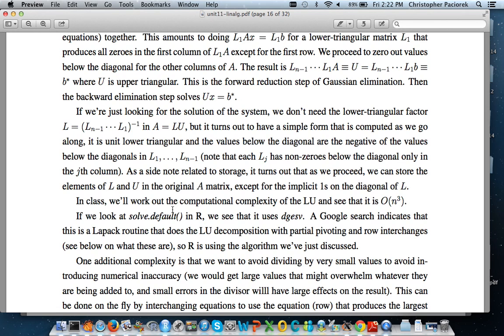Right, so as long as we're representing it with floating point, we were fine there. Okay.